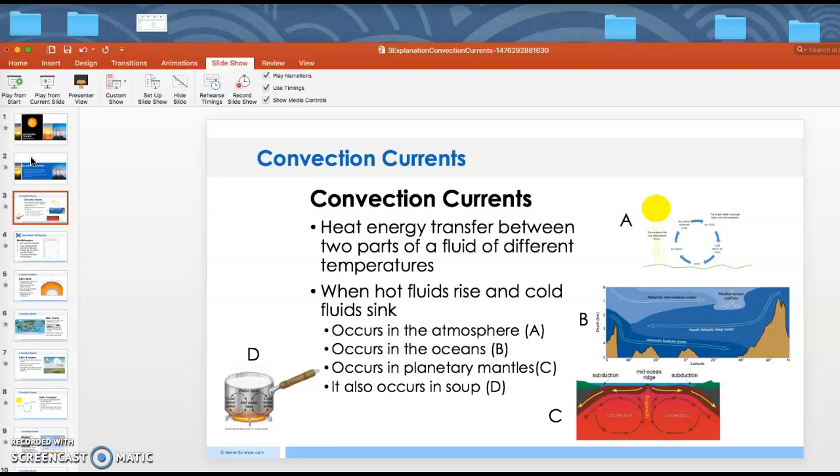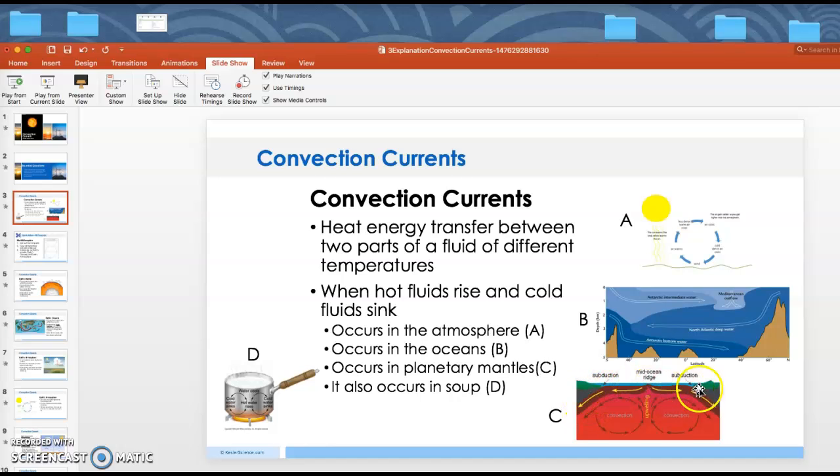It occurs in the atmosphere. You can see there at that top picture, in the atmosphere, convection currents happen. In the oceans, right? These little arrows show us where convection currents happen in the ocean between colder and warmer waters. It occurs in planetary mantles.